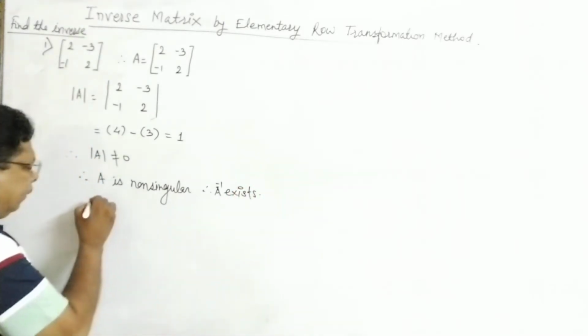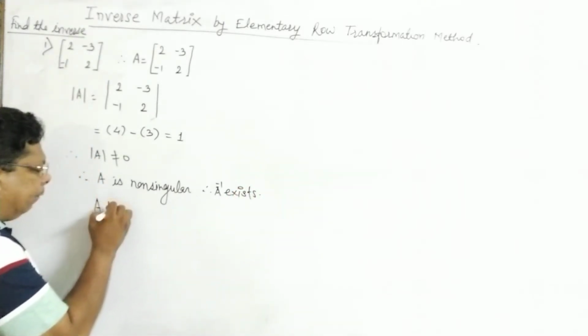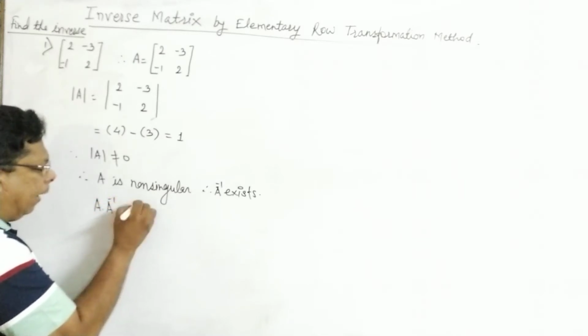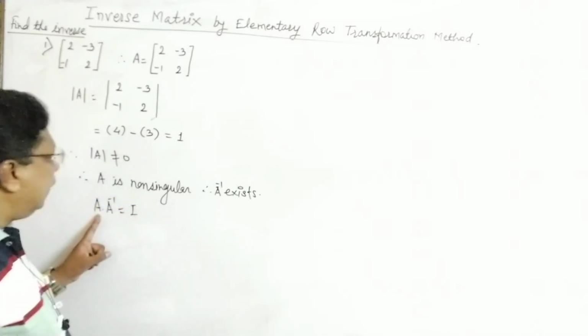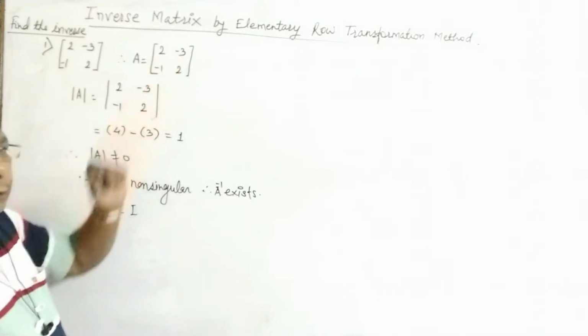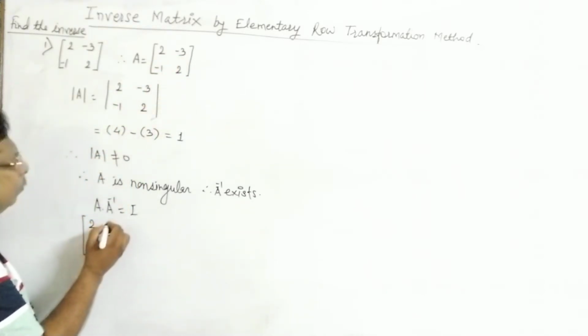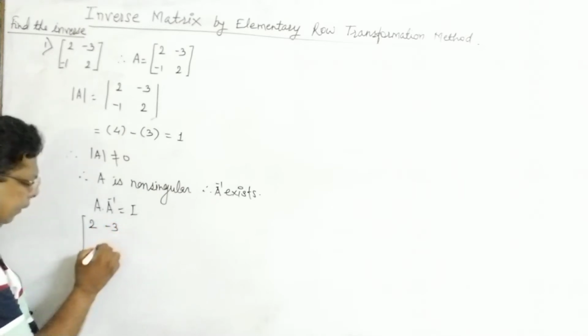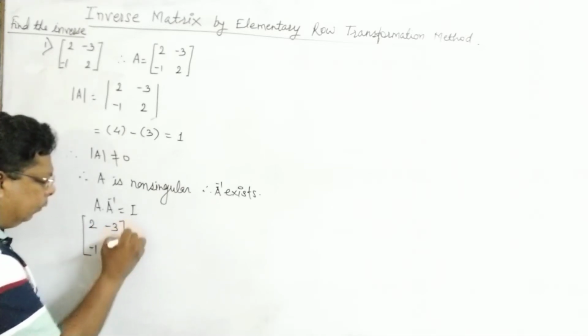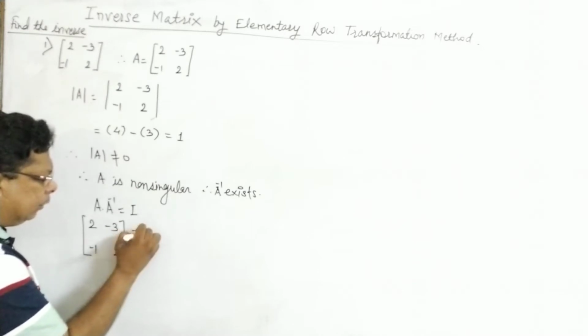Now consider the equation A into A inverse is equal to I. What is the given matrix A? 2 minus 3 minus 1 2. Write down here, 2 minus 3 minus 1 2, A inverse.